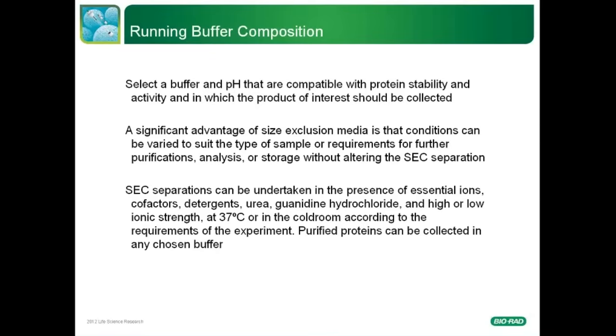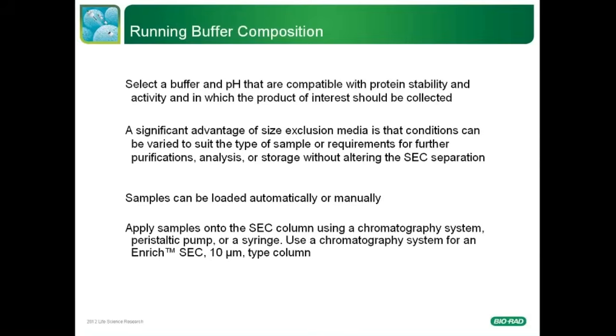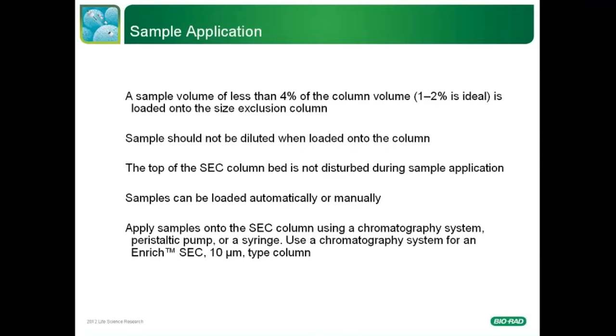SEC separations can be undertaken in the presence of essential ions, cofactors, detergents, urea, and high or low ionic strength, at 37 degrees C or in the cold room, according to the requirements of the experiment. Purified proteins can be collected in any chosen buffer.